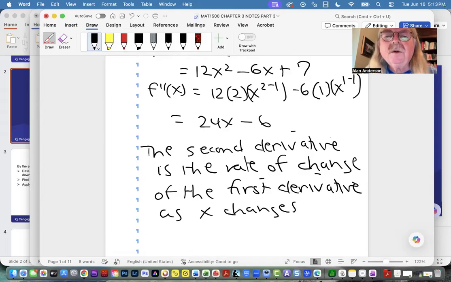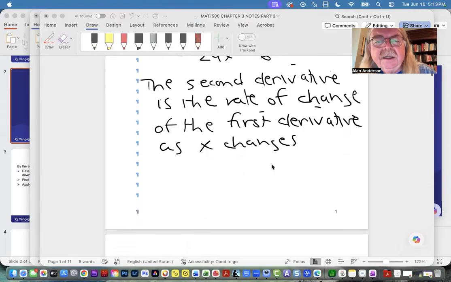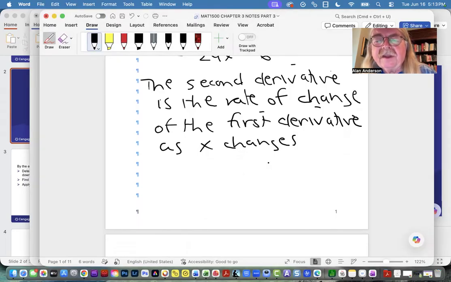All right, so that's what it is. It tells us how much the first derivative changes when x changes. And it's the properties of the second derivative that will help us understand where in a function we might find a relative maximum or a relative minimum.